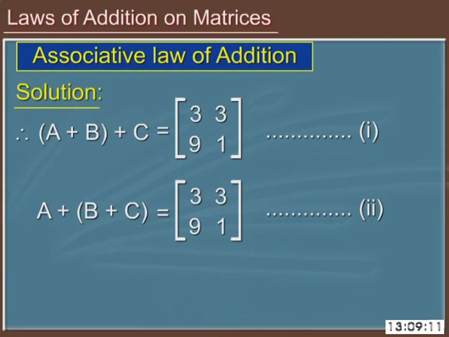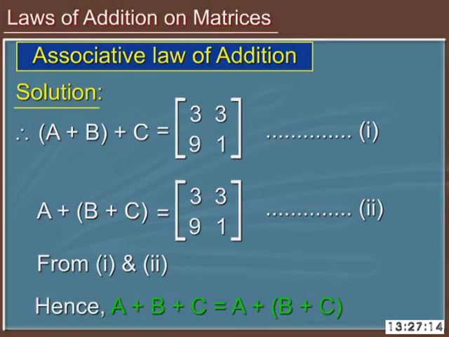Therefore, A plus (B plus C) will be equal to the matrix having first row elements as 3 and 3, second row elements as 9 and 1, which is a 2 by 2 order matrix. Let it be equation number 2. From equation number 1 and equation number 2, we get (A plus B) plus C is equal to A plus (B plus C). Therefore, matrix addition is associative.